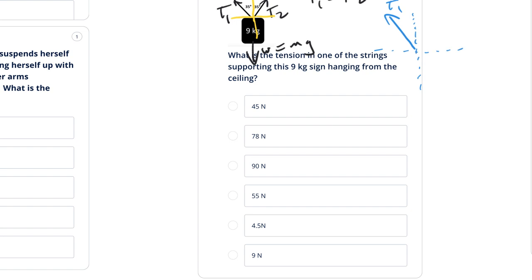We got the weight going down. We got T2, but let's not draw T2. So let's draw the X and Y pieces, components of T1. So that's T1y and T2y.